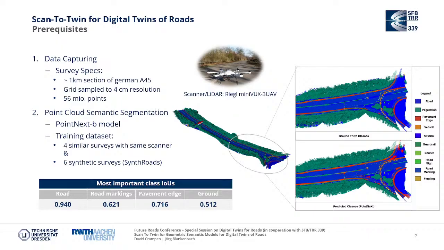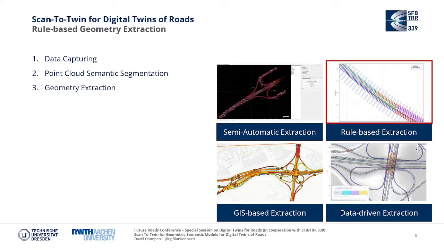And we can see already the performance of that model is okay-ish, but certainly not perfect, which leads to the question how robust of a workflow we can actually create based on semantic segmentation results, even if we know already that the quality of our semantic segmentation is not 100% accurate, right? So this brings me into the process of our rule-based extraction.